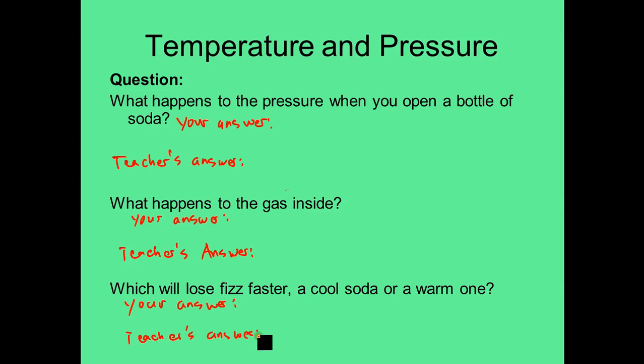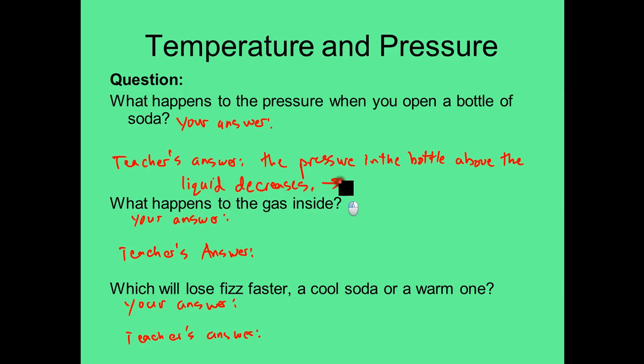Right. And so here's my answer to the first question. What happens to the pressure when you open a bottle of soda? The pressure in the bottle, let's say specifically above the liquid, decreases.